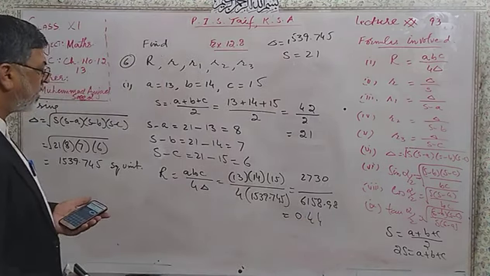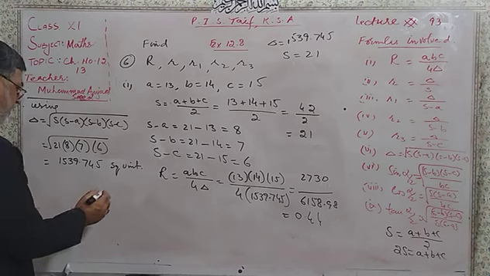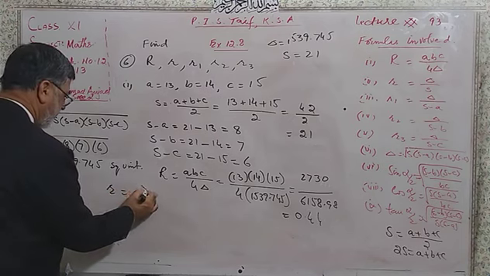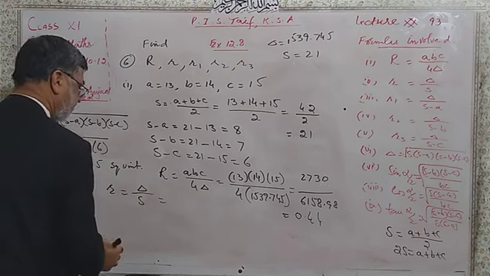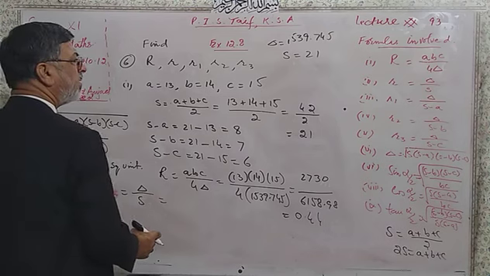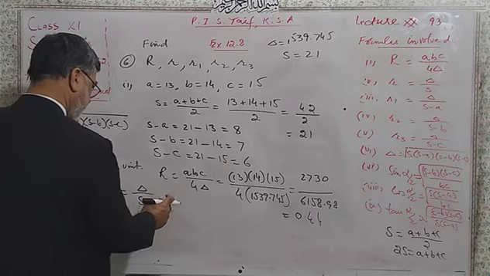This is a single unit. After that we have small r equal to delta over S. What is delta over S?